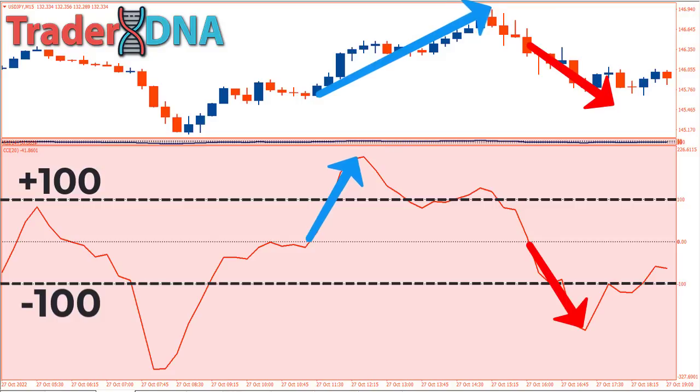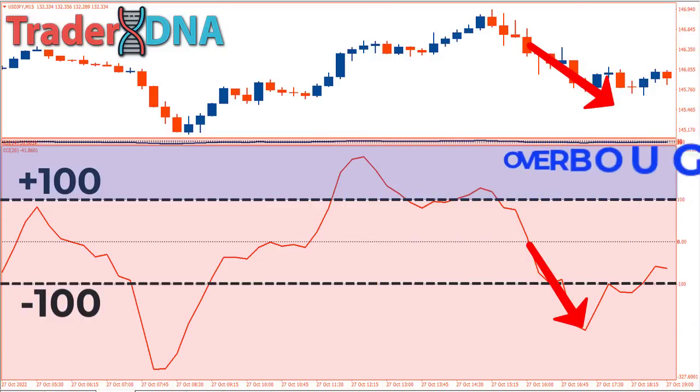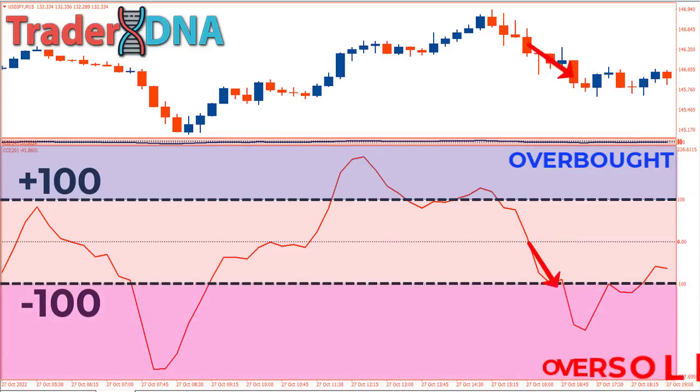Whenever the CCI reading is above plus 100, it implies a strong uptrend is beginning, signaling overbought conditions. In this case, traders should be wary of entering a long position as price tends to reverse. Similarly, whenever the CCI reading is below minus 100, it implies a strong downtrend. In this case, expert advisors or manual traders enter long positions to take advantage of a potential price reversal as the security is considered to be oversold.